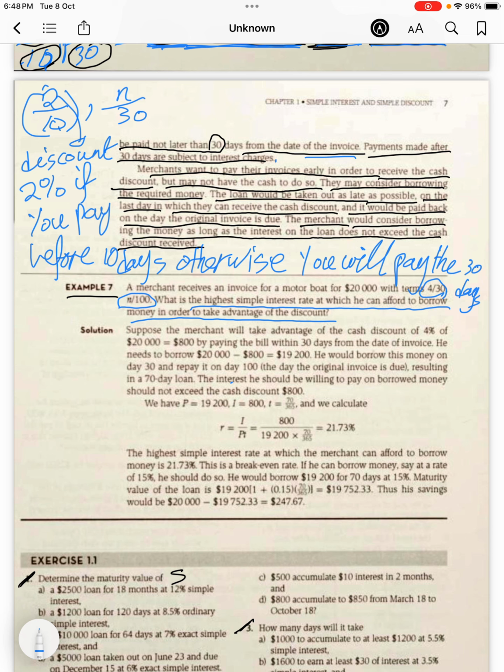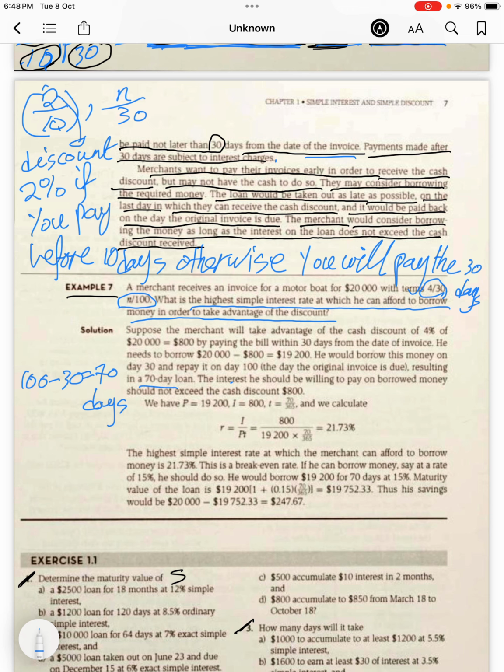Then you will subtract 100 minus 30 days. You will have 70 days due.